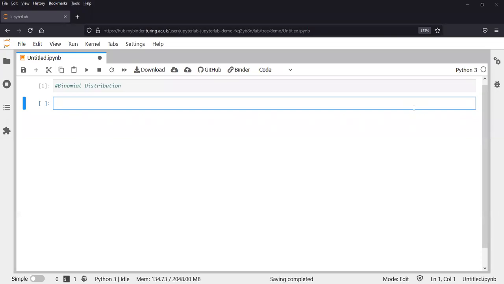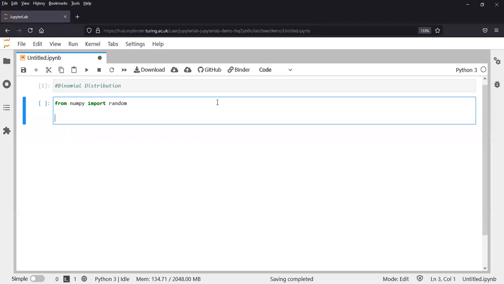Okay, guys, let's move on to the next part 4: Numerical Python. Here's the binomial distribution. First, we need to use numerical Python to import random.